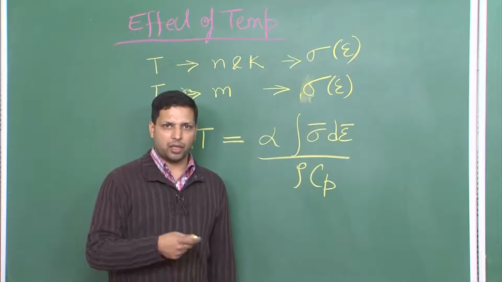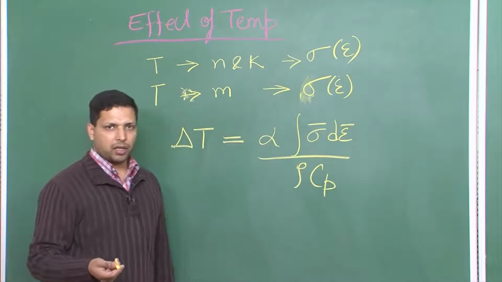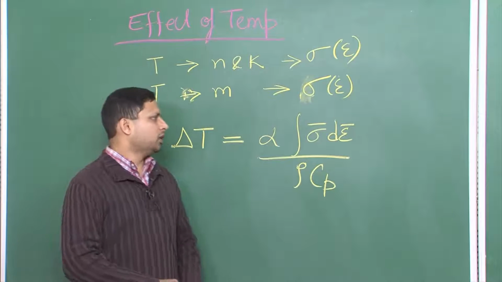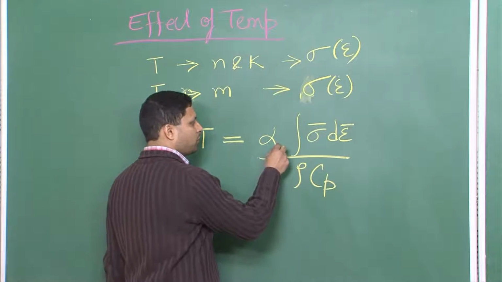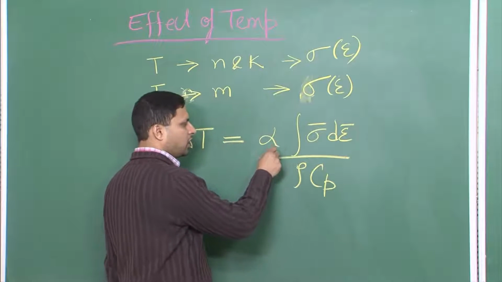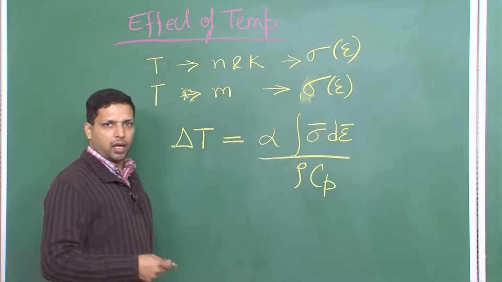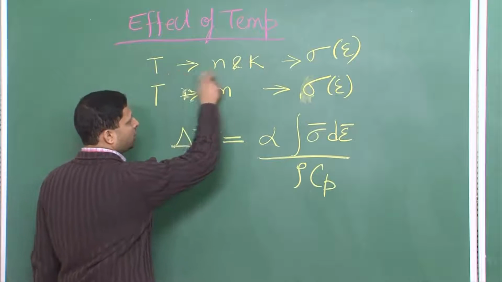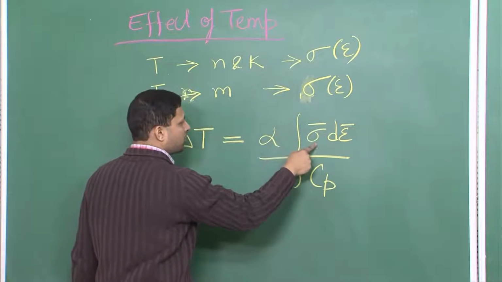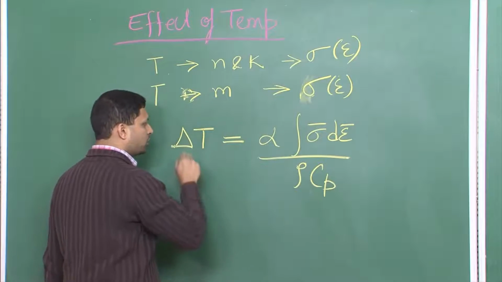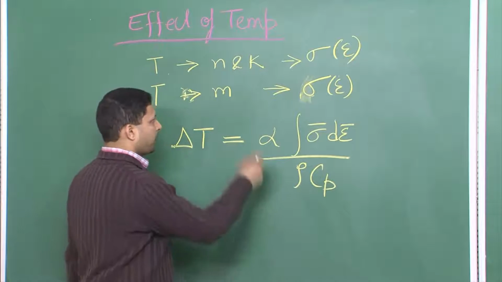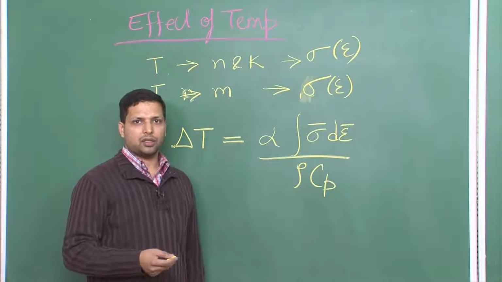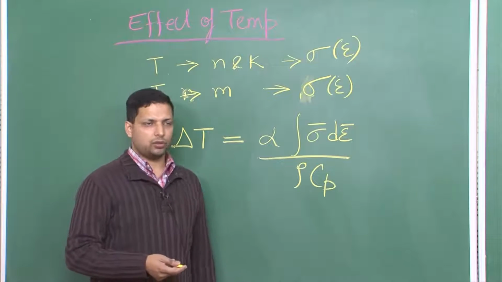It could be getting partitioned, some of it may be radiated away, or it may be taken away by the tool or something like that. So, alpha represents the fraction of heat that goes into the material and which will lead to temperature rise. Now you see that temperature not only influences stress, the stress and the strain values in turn also influence temperature, and therefore the relation between temperature, stress and strain rate is not linear, to say the least.